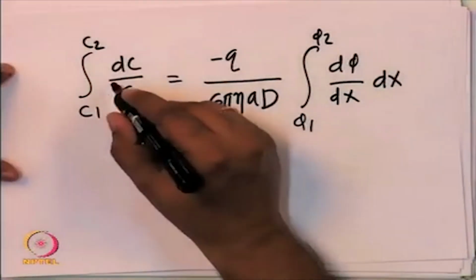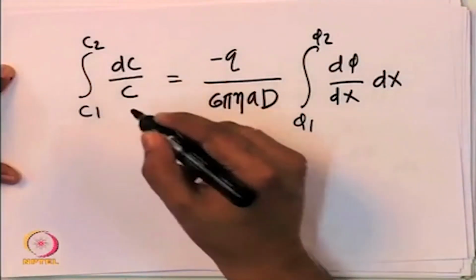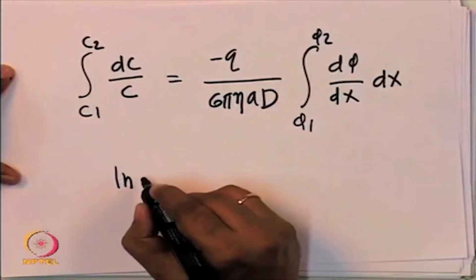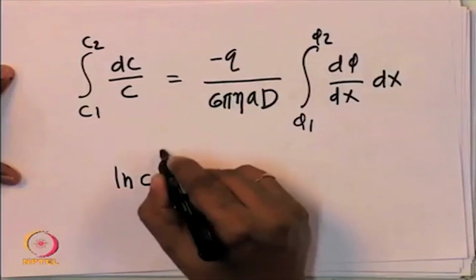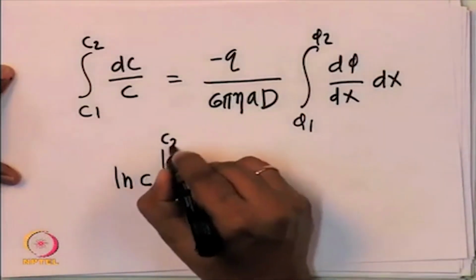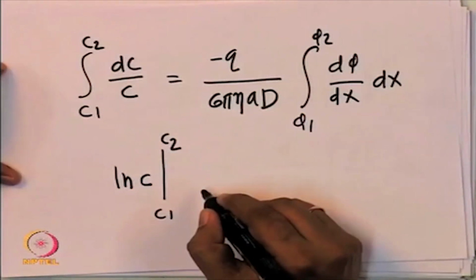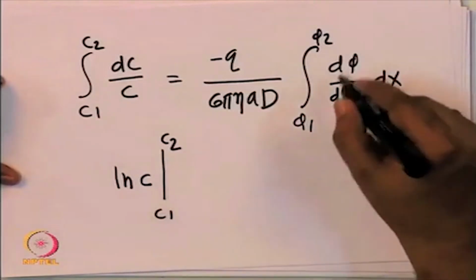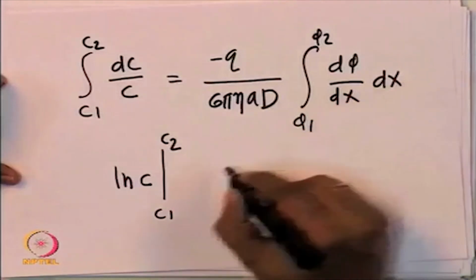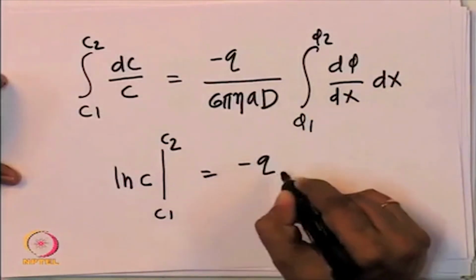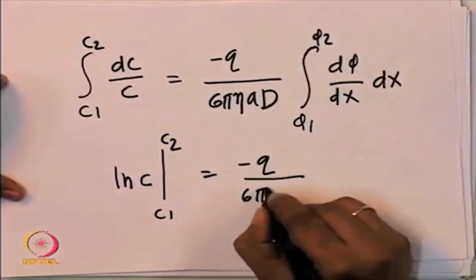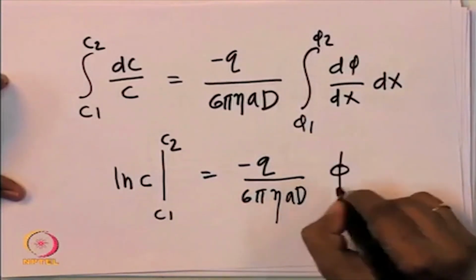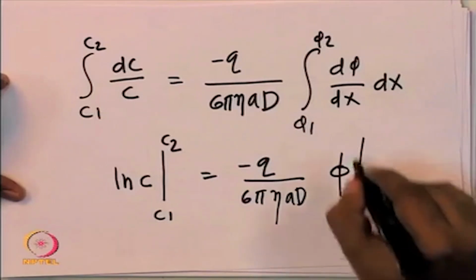You know that the integral of dc by c is log c, so log c in the limits c1 to c2. The integral of d phi by dx dx is equal to minus q by 6 pi eta a d into phi in the limits phi 1 to phi 2.